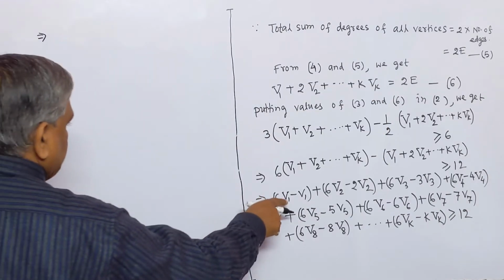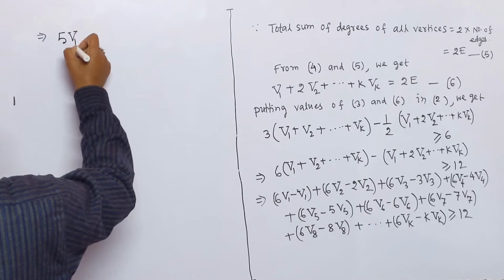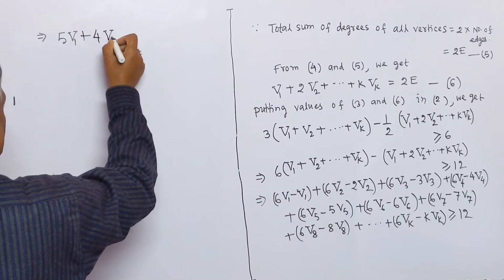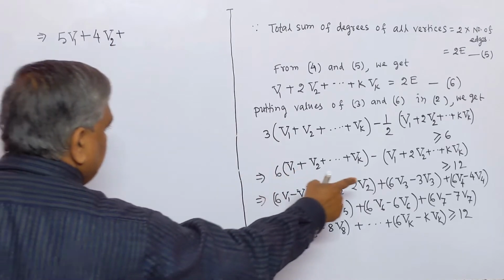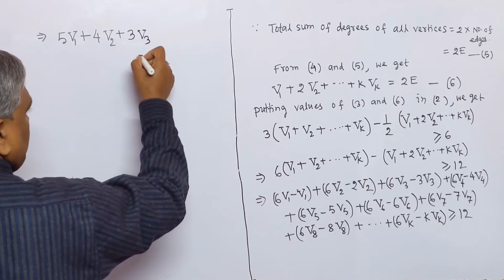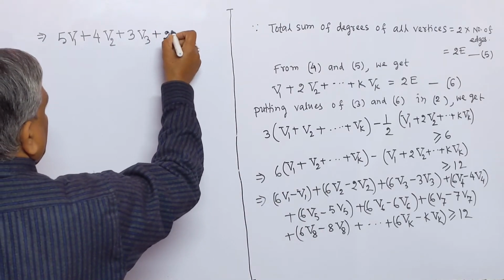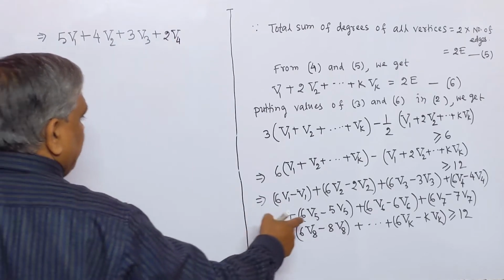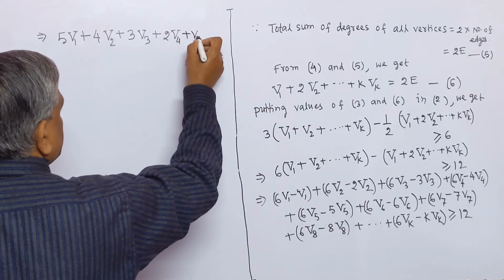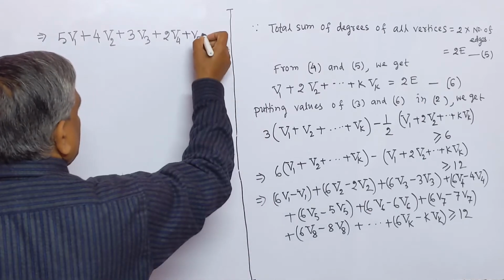This implies that 6V1 minus V1 equals 5V1, 6V2 minus 2V2 is 4V2, 6V3 minus 3V3 is 3V3, 6V4 minus 4V4 is 2V4, 6V5 minus 5V5 is V5, and 6V6 minus 6V6 is 0.